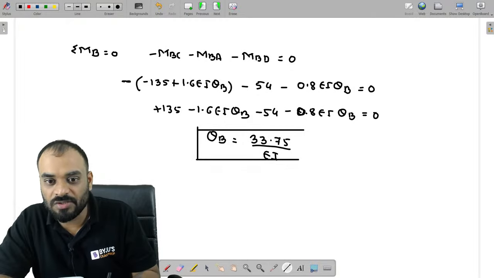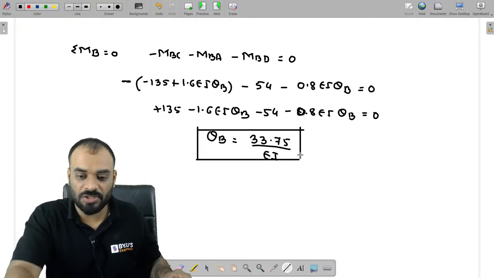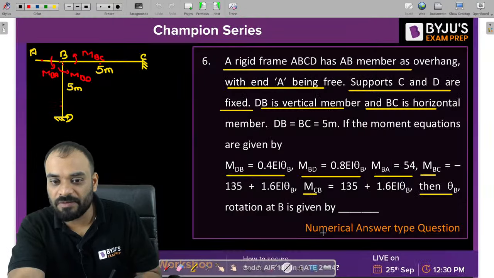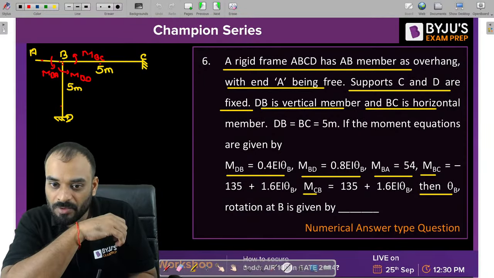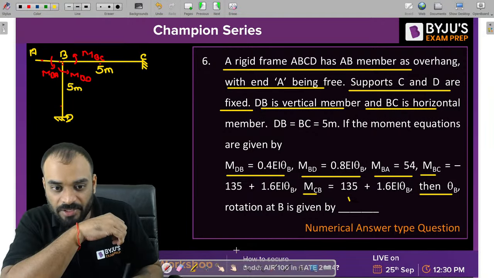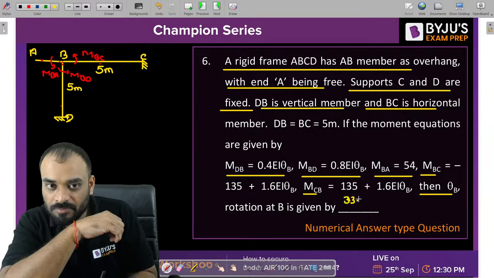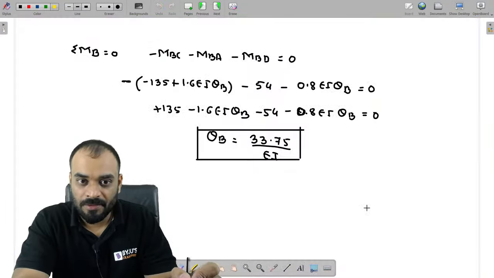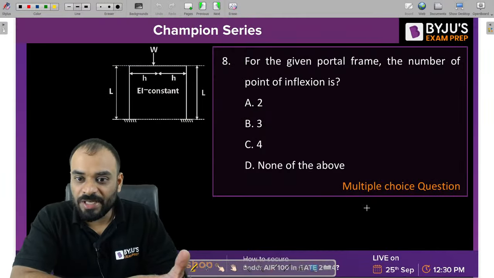So this will be our rotation: 33.75 divided by EI. This is the answer. Clear? Let's move to the next question.